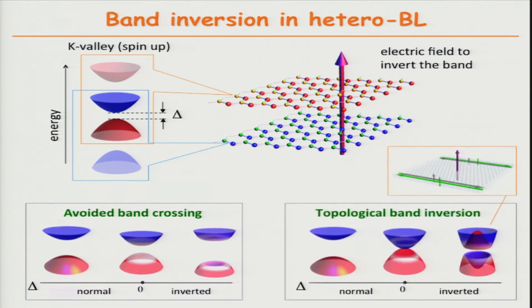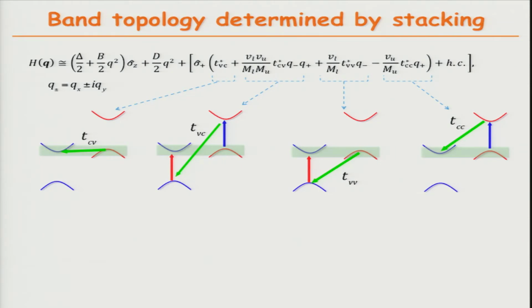But the other situation is the gap closes once, and when they reopen, you get a topological phase transition where the gapless helical modes emerge in this hybridization gap. And which of these two cases will happen depends on how the interlayer coupling between the two Dirac cones. So now we have two bands from each layer, so a total of 4 bands. So altogether, there could be 4 interlayer hopping channels between these two and with that two.